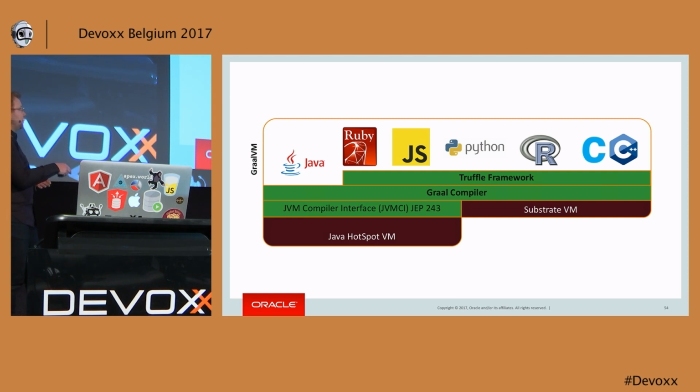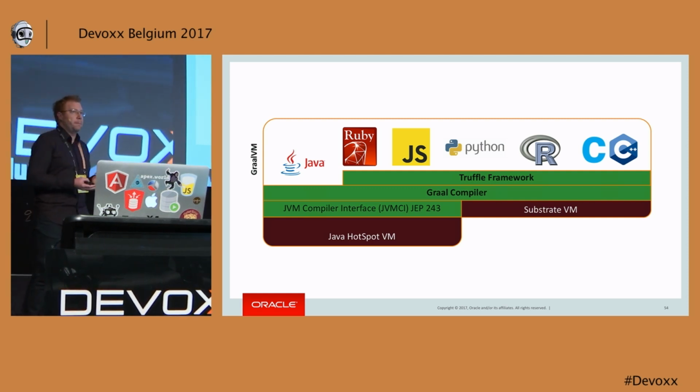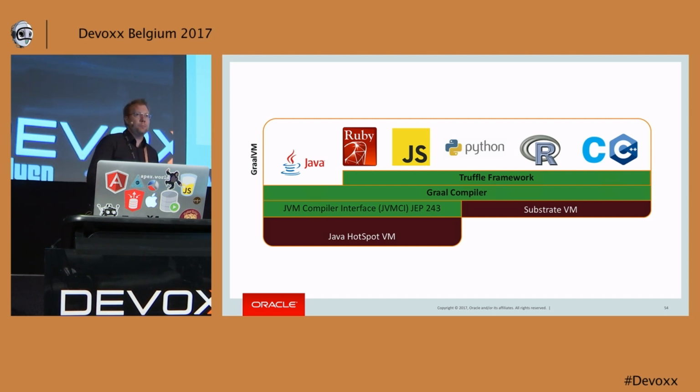GraalVM, in principle, is based on the Java HotSpot VM. It's a plain Java HotSpot VM starting from JDK 9. In JDK 9, there is a JVM compiler interface, JVMCI, which means using that interface, you can use another compiler. There are two compilers by default in HotSpot, and this allows you to add any other compiler.